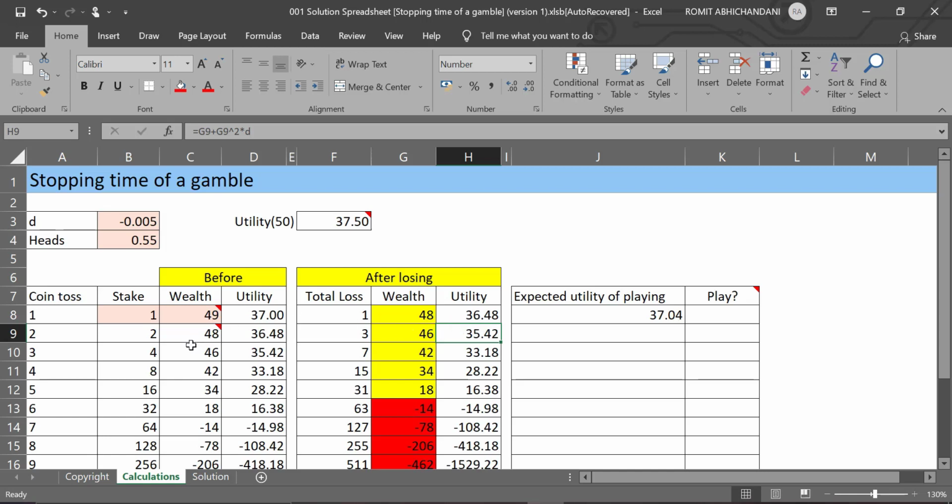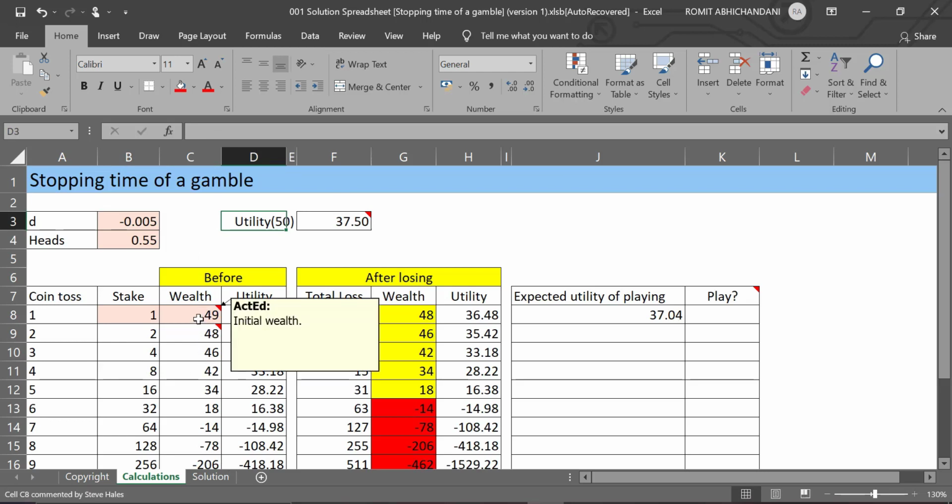Next one, if you are at 46, what is your wealth if you win? You are putting 4 pounds at stake, again it gets to 50. Okay, so you are seeing a pattern. Every time I win, even if I win once, I get to 50, no matter what my wealth is.